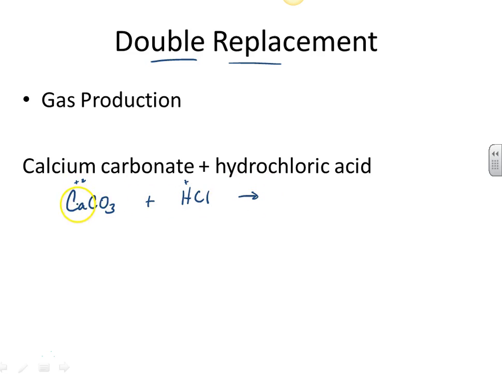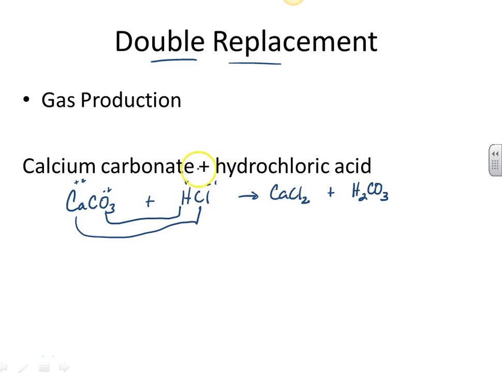So calcium from here goes with the chlorine of the other compound. Chlorine's a -1, CO3 is a -2, and that also produces H2CO3, hydrogen and carbonate combined, where calcium and chlorine combine.